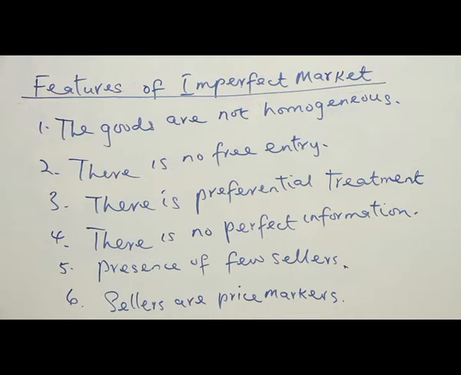But in imperfect markets, irrespective of the type, they cannot determine the price as well as the output at the same time. They either pick the price, leaving the output to be determined by the market, or pick the output to be supplied, leaving the price to be determined by the market.